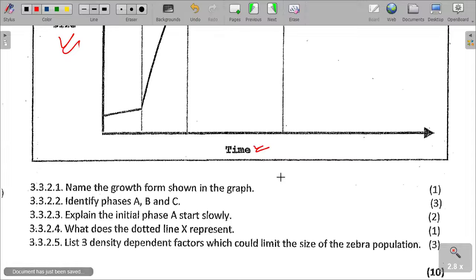Okay, name the growth form shown in the graph. Question 3.3.2.1: name the growth form that is shown in the graph.